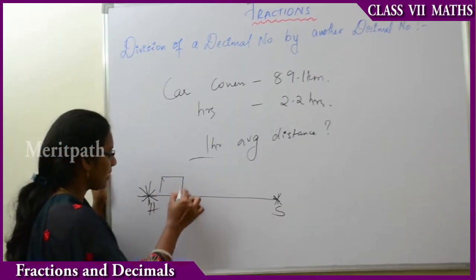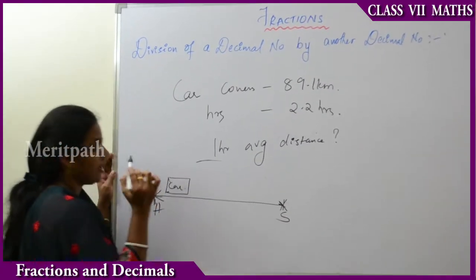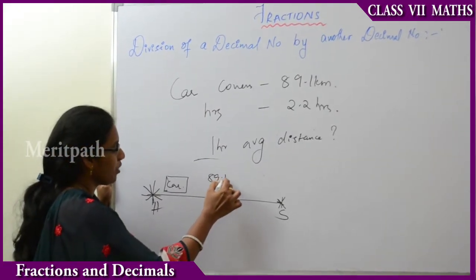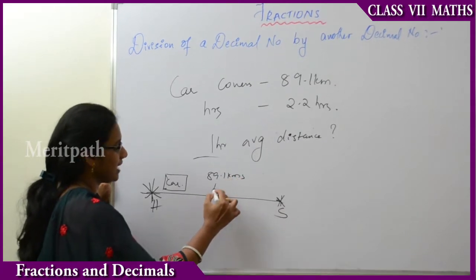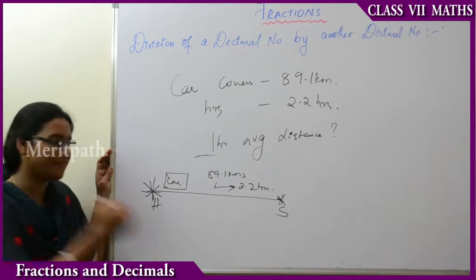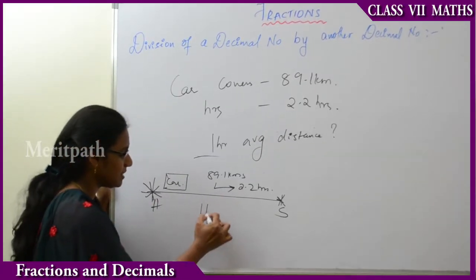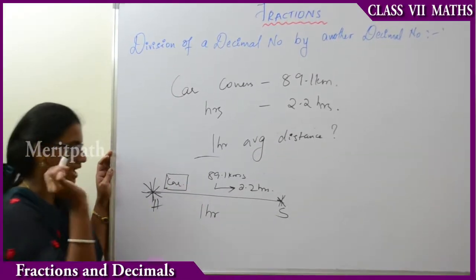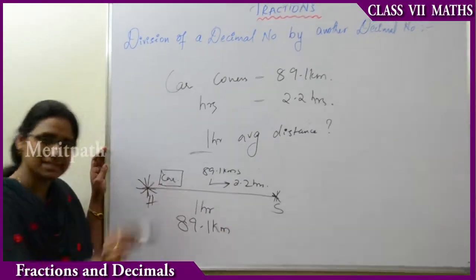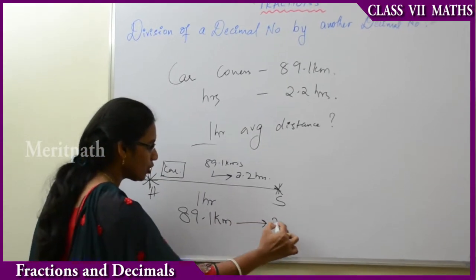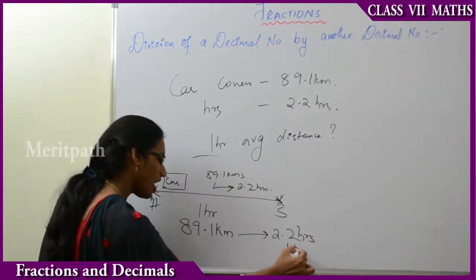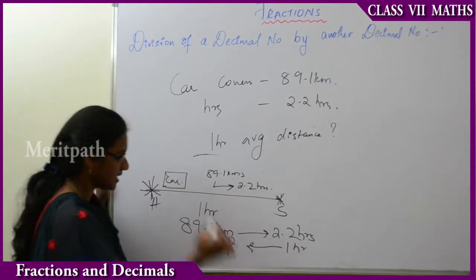Now this car is moving 89.1 kilometers in 2.2 hours. Now for 1 hour, how much distance does it travel? That is what we have to calculate.